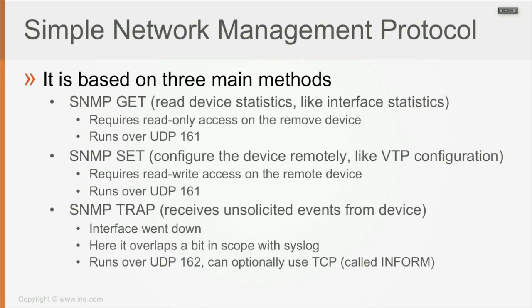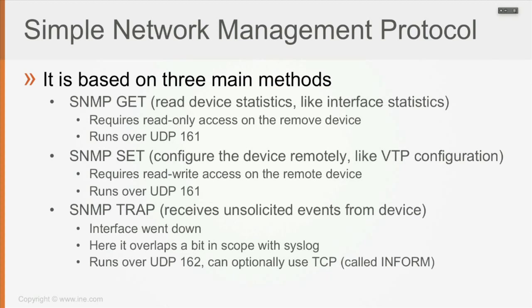Now the third common method or action which is found within SNMP is the SNMP trap, where in this case the SNMP manager receives unsolicited events from the SNMP agent. Like for example, interface went down.